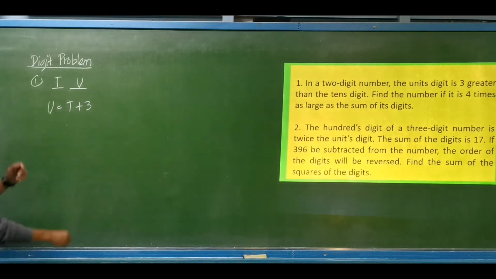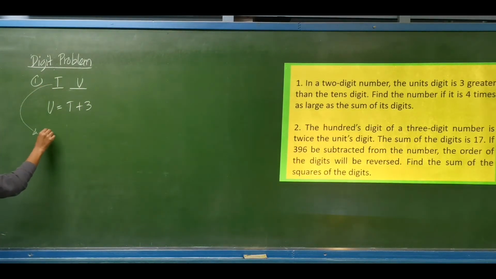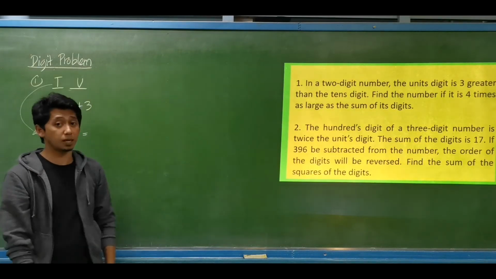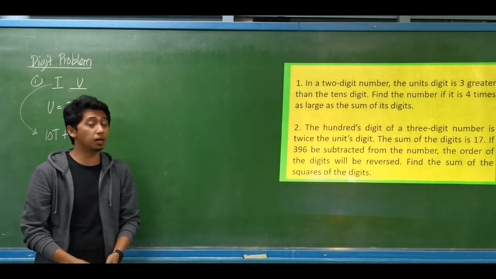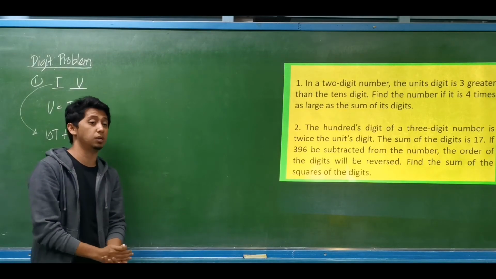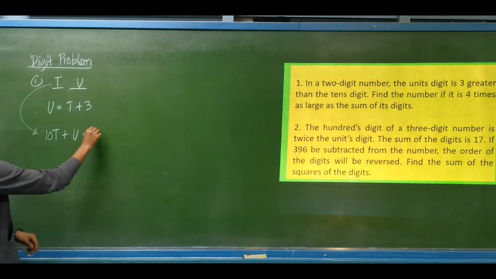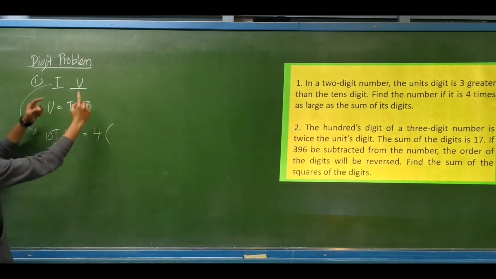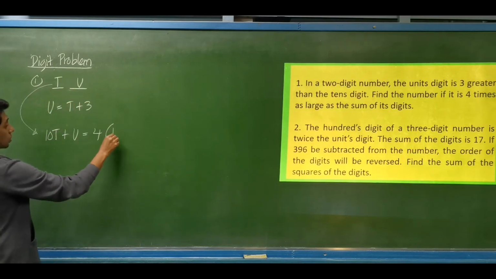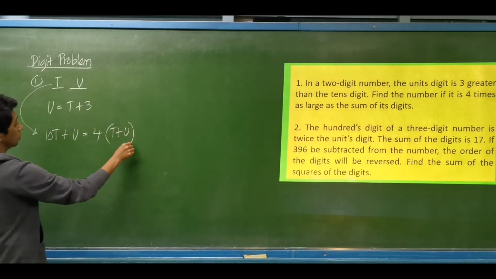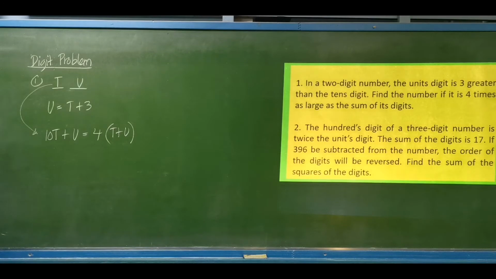Okay, so find the number if it is 4 times as large as the sum of the digits. So how do we express the actual number? The actual number is 10 times the tens digit plus the units digit, which will be equal to, according to the problem, 4 times as large as the sum of its digits. So we have 4 times the sum of its digits, that is t plus u. So we can simplify this one.